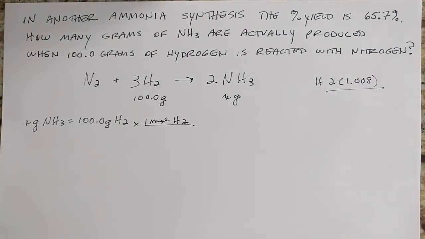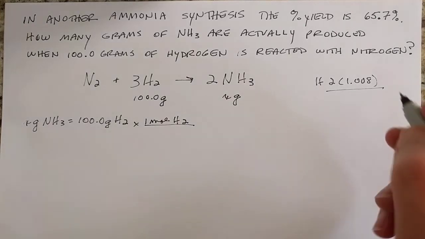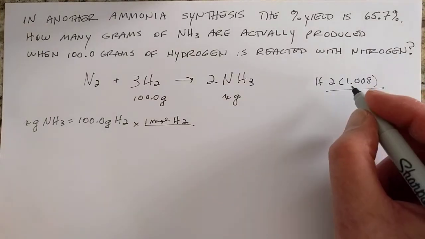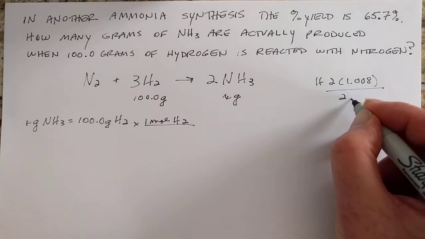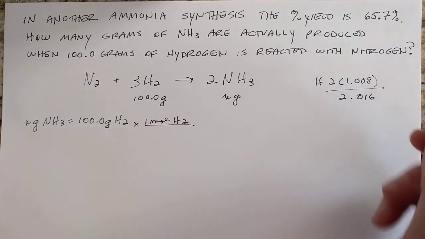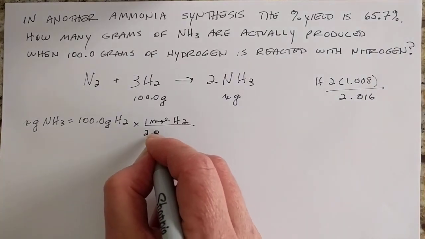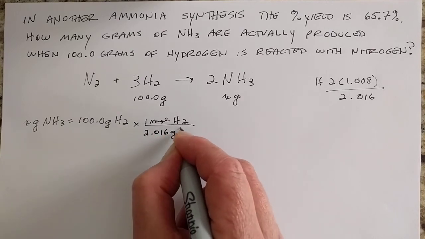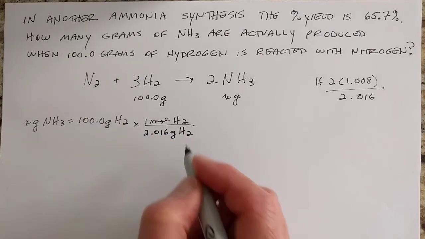So we need to add them up. So 2 times 1.008 equals, and since that has 4 sig figs, I'm going to take this all the way to 2.016. So 2.016 grams of H2 in 1 mole of H2.